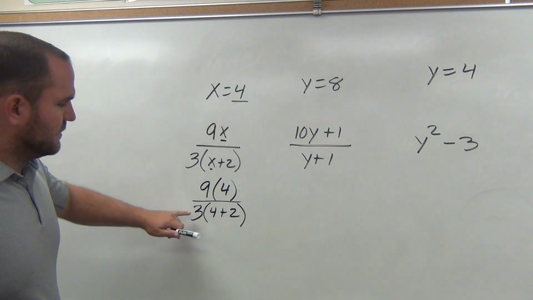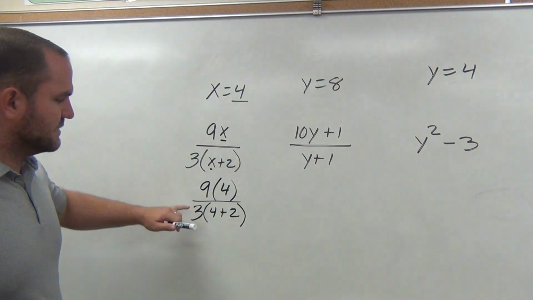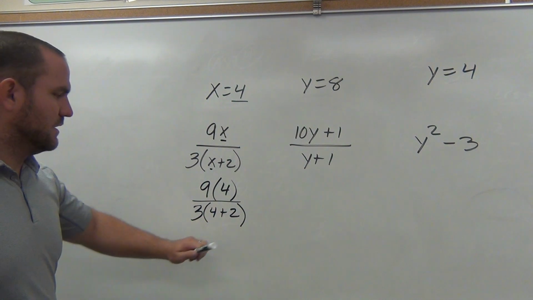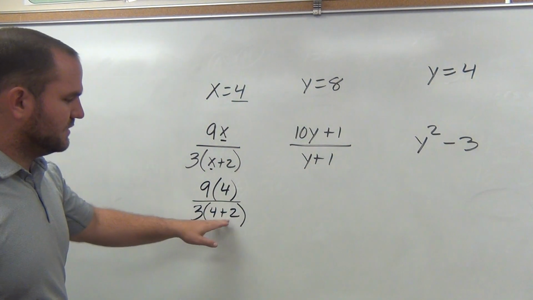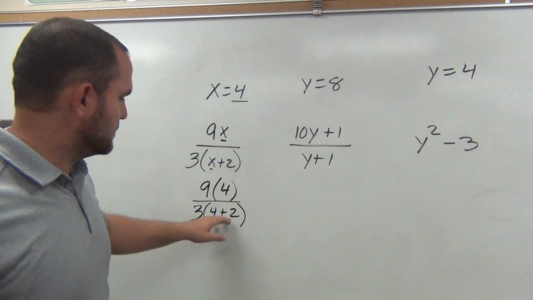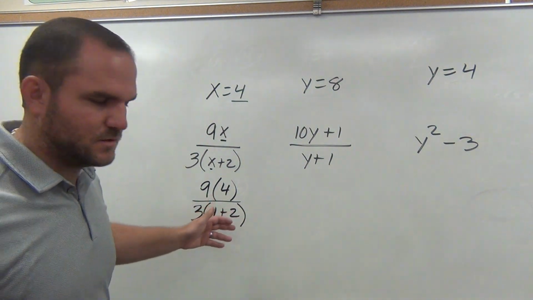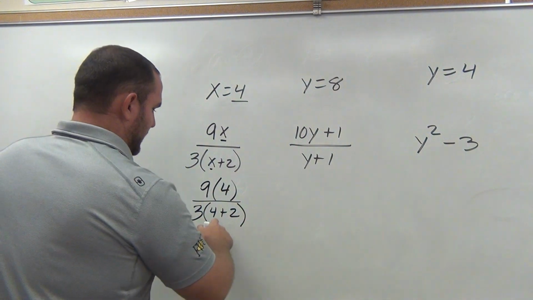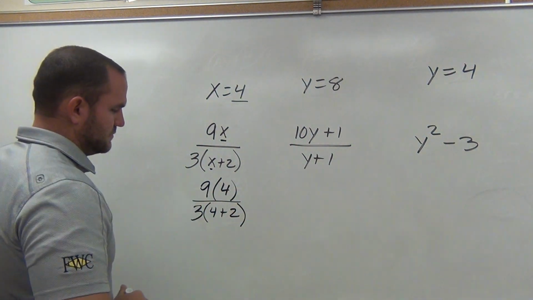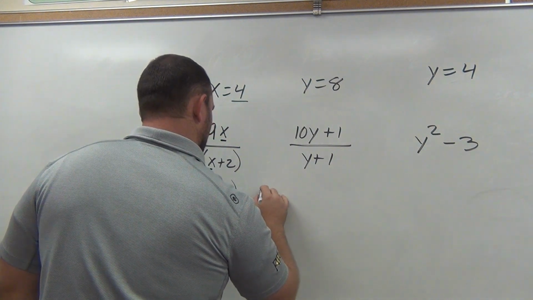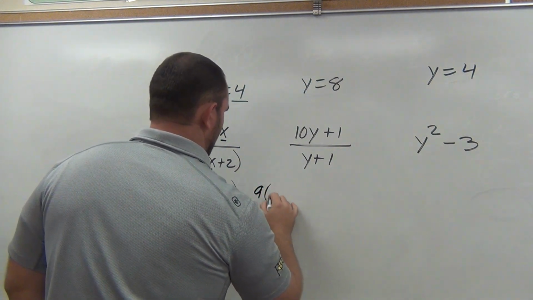So I actually have two different kinds of multiplication here, but I also have parentheses. You can do parentheses first, but if I did 9 times 4, it's not going to affect the bottom just yet. So I could do 4 plus 2 is 6, and 9 times 4.